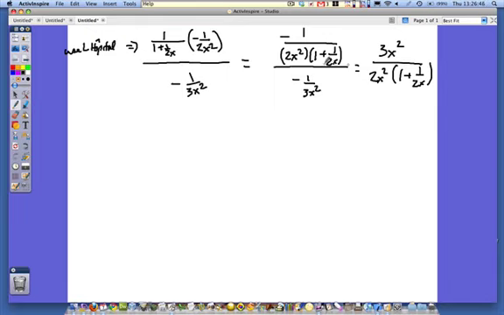If that confused you, let me show it to you with a little simpler case. A over B over C over D is equal to A over B times D over C, which is equal to AD over BC. You see how the D ended up here on top with the A and the B ended up down here with the C? So that's basically what I did here to make that work.